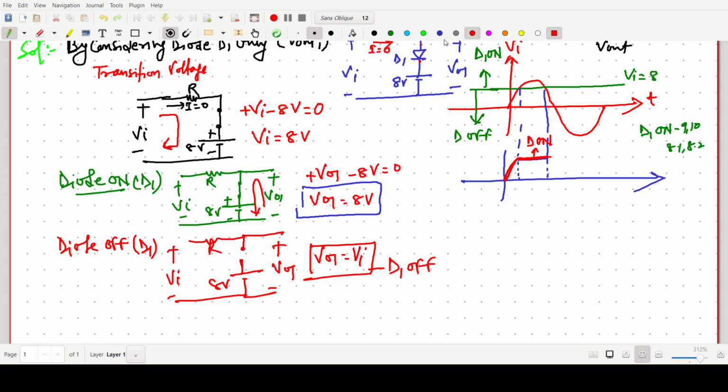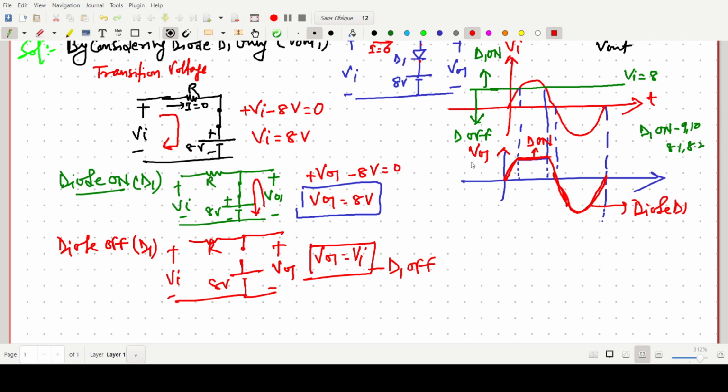So this is the output due to diode D1, and I am calling this V naught 1. That is the single diode problem.